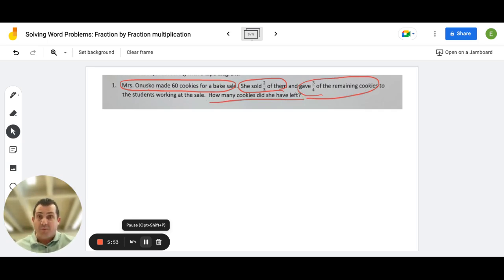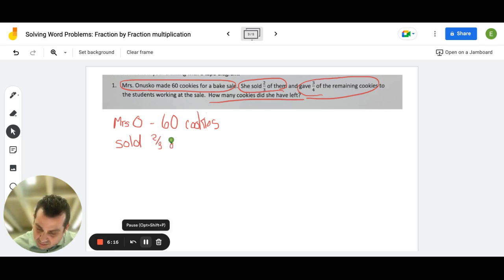Okay. So, first thing we know is I'm writing that Mrs. O, she had 60 cookies. That's what I'm starting off with, my 60 cookies. All right? She sold 2/3 of them. Okay? Sold 2/3 of them. All right.